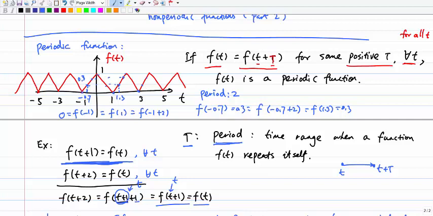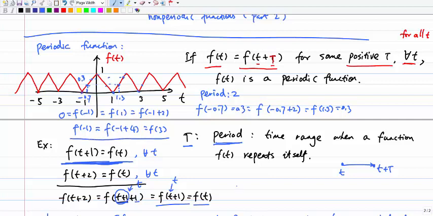The reason that's true is, if I look at this example, the period is 2. If I'm going to do 4, I'm going to double that. f(-1) is equal to f(-1 + 4), which is f(3), because you can keep doing it: this guy equals this, and this guy also equals this according to period 2, and so on and so forth.